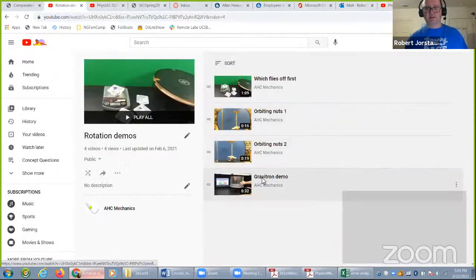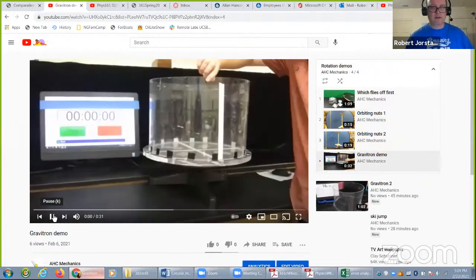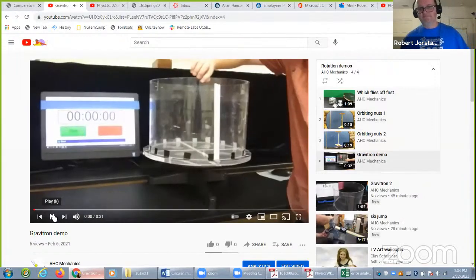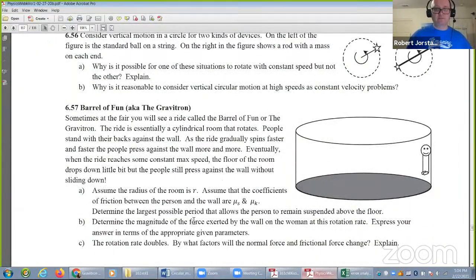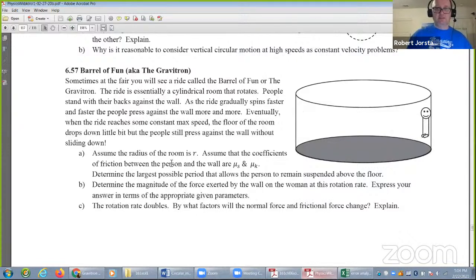All right. Let's take a look at this Gravitron. So now this is the next problem in the workbook, 657. Let's take a look at this before we show it. We've got a barrel of fun.